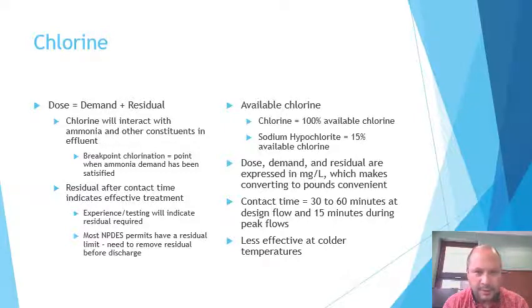But basically, it's a process of trial and error, measuring that chlorine residual, and then testing alongside the testing that you have to do to prove that your disinfection system is working.